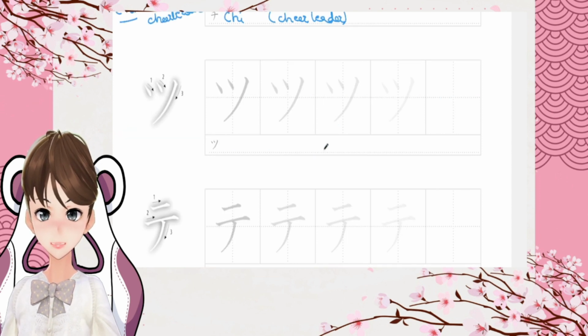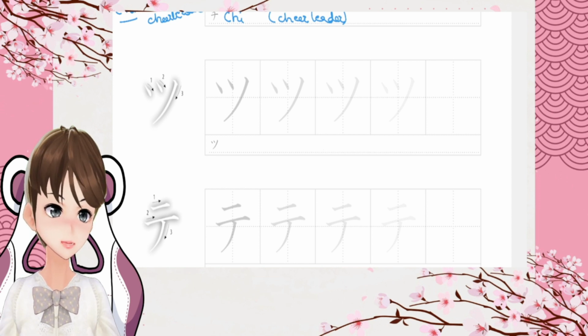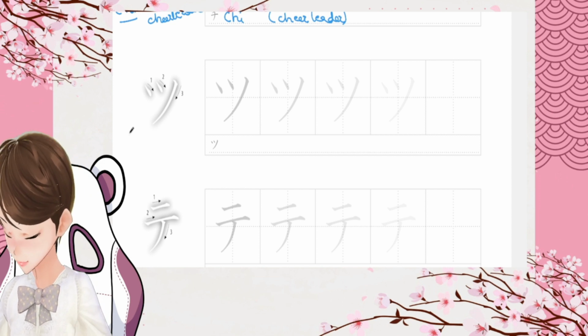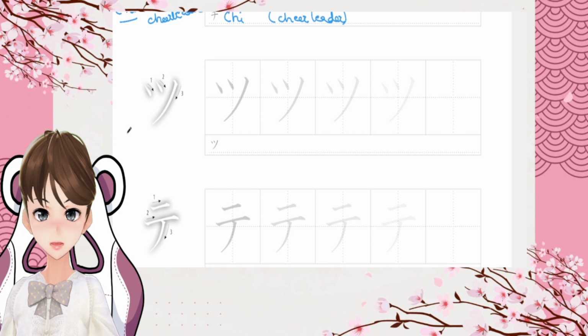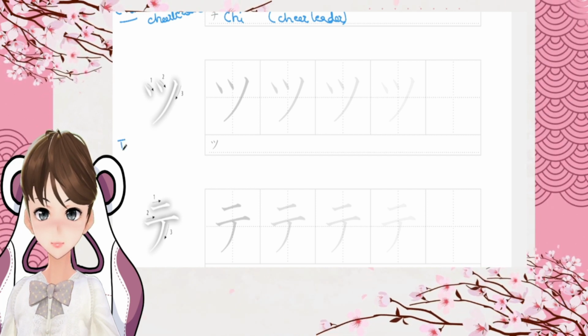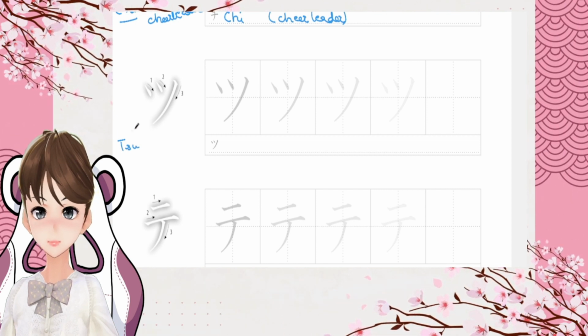Now the next character that we're going to learn in the T line is also a special character. Instead of being ta, ti, tu, this character is the su character. So instead of being tu, it's su.